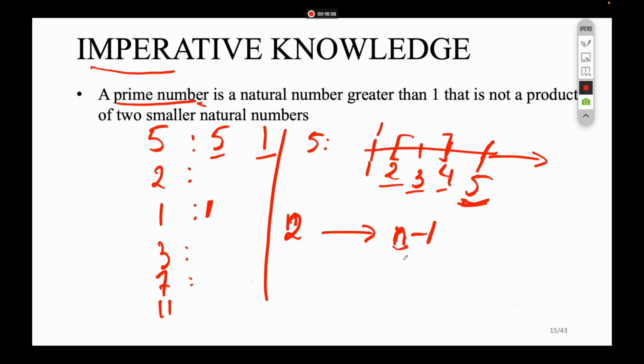All right. So if you cannot find any number in this interval, 2 to n minus 1, we can conclude that n is a prime number.